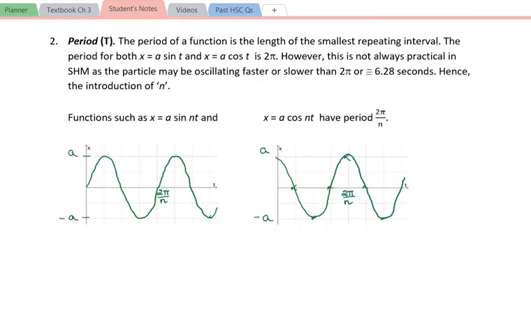And we've talked about the period, and we know that introducing an n in front of the t will impact the period, and the period will become 2 pi on n. So your sine curve stays exactly the same in this nice periodic shape, however, it's going to repeat itself in 2 pi on n times, and that depends on whether n is bigger than 1 or smaller than 1 as to whether the graph becomes compressed or stretched.